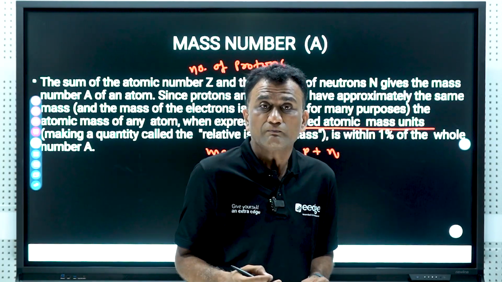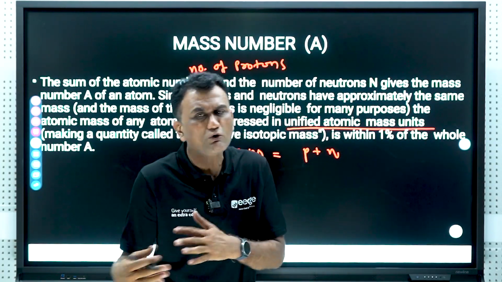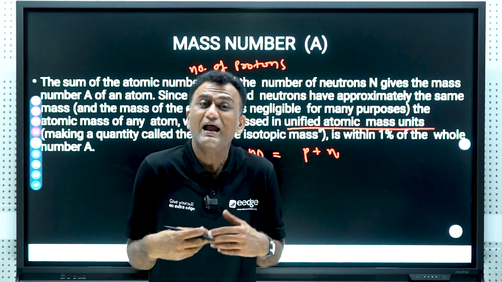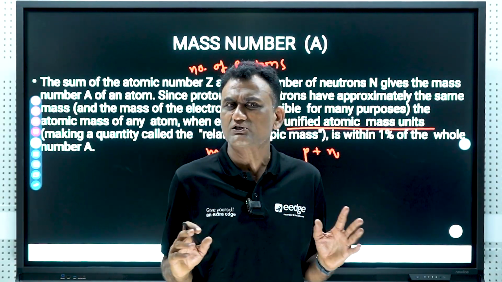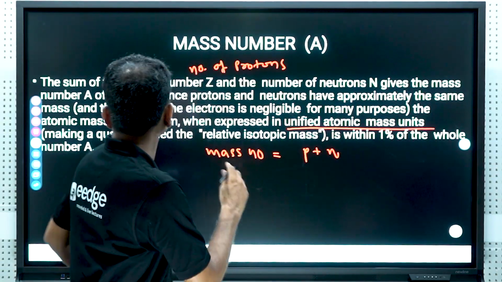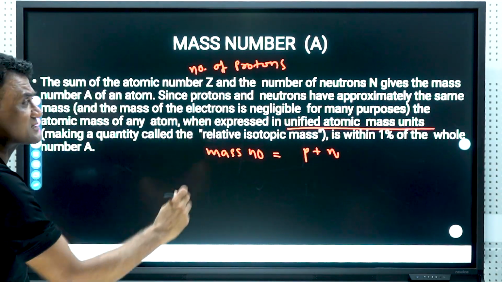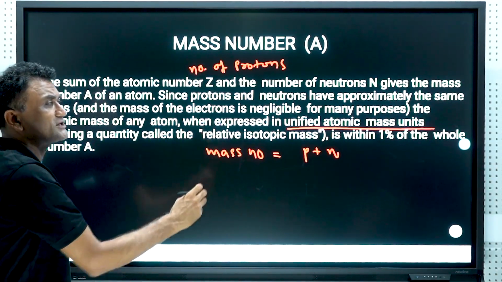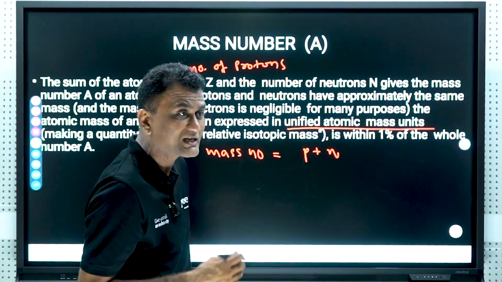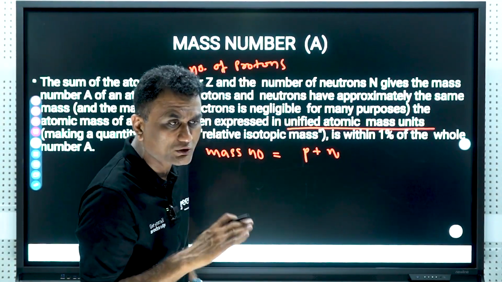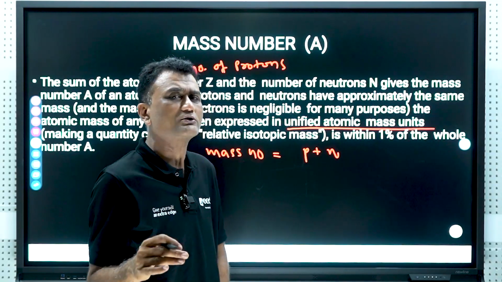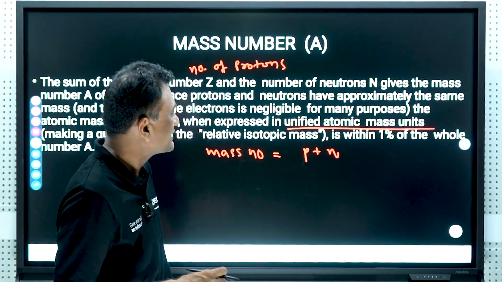So if you remove an electron from an atom, or if you add an electron to any atom, the mass doesn't change, right? So mass number is defined as the sum of protons and neutrons. Protons and neutrons have approximately the same mass. Electrons have negligible mass, so we don't consider the mass of an electron in the total mass of an atom, right?